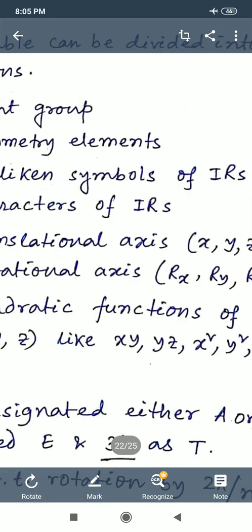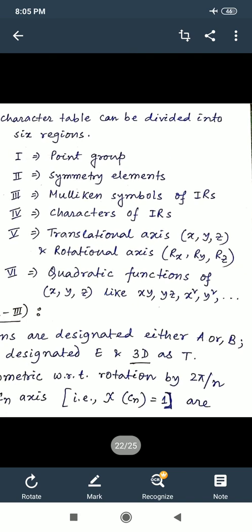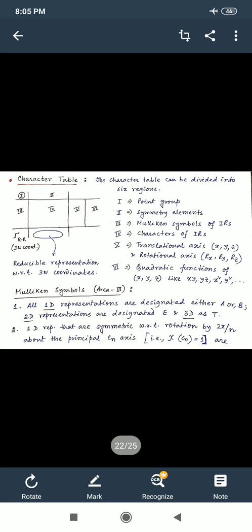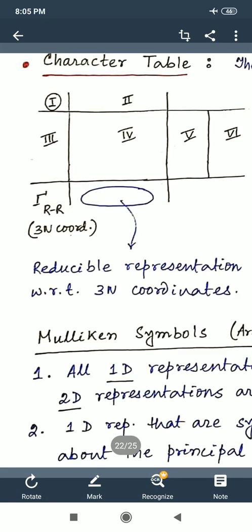At number 3 we write the Mulliken symbols of the irreducible representations. At the left I have written the Bethe notation 1, 2, 3, 4, like that, taking the example of the C2V point group.